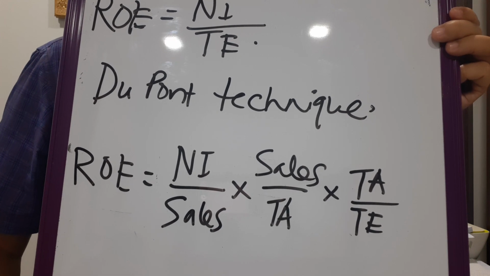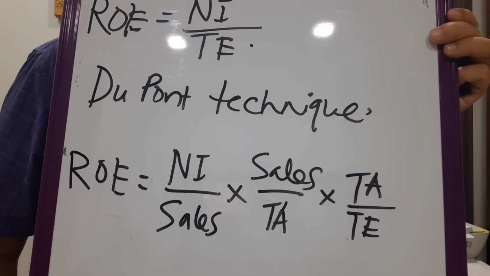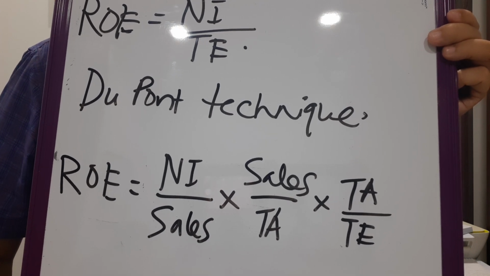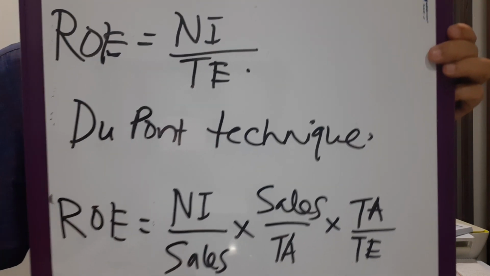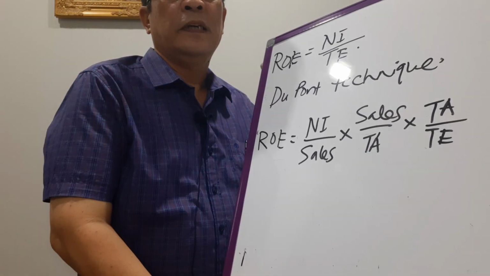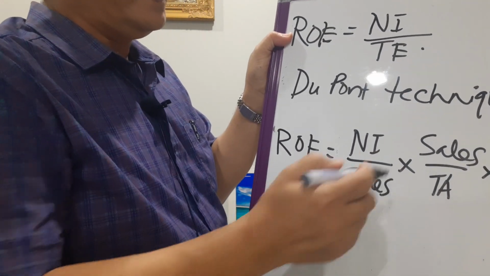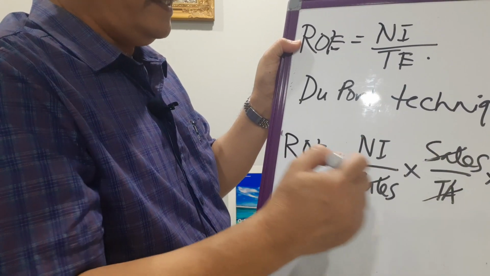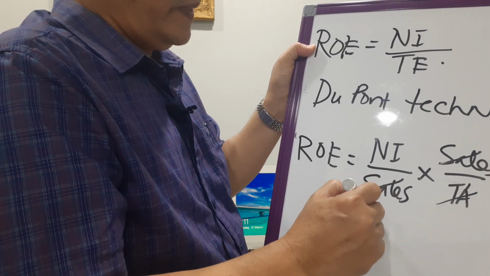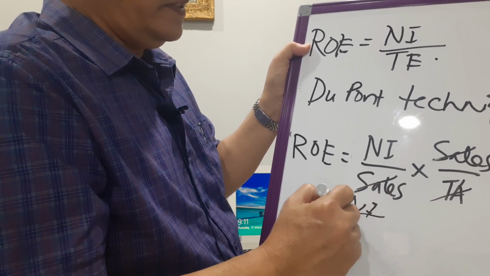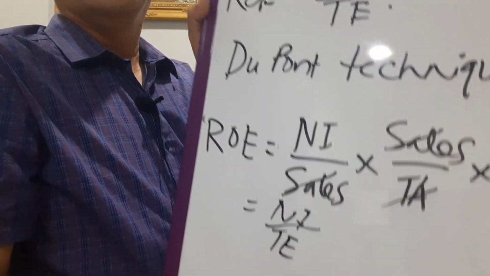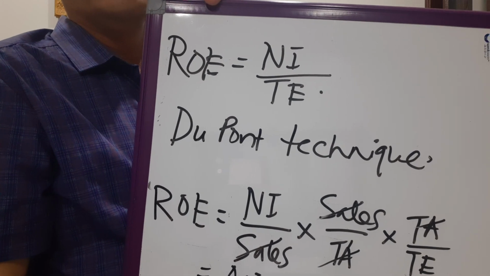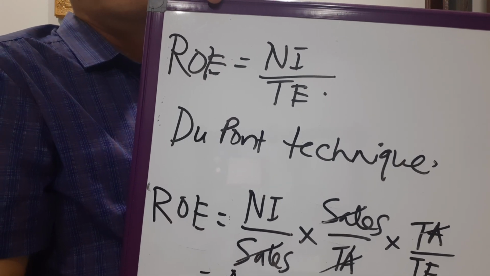If you cross out sales with sales, and total assets with total assets, you get net income over total equity. So it is similar to the formula I have given on top of this whiteboard.